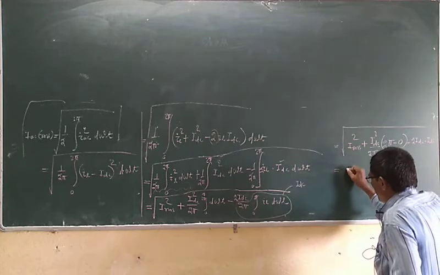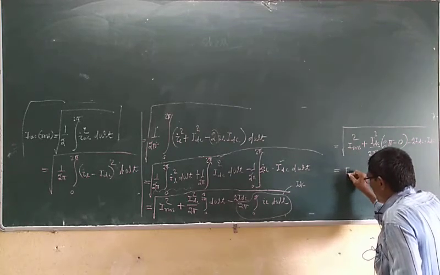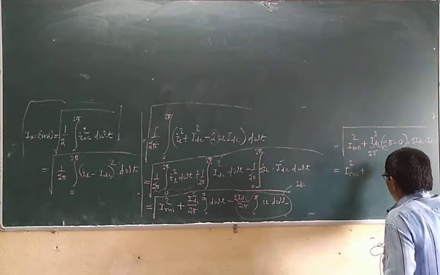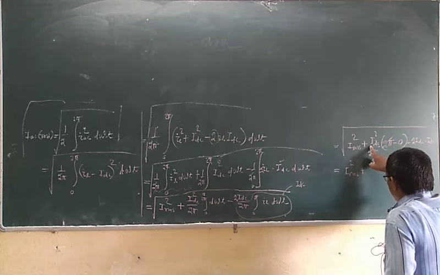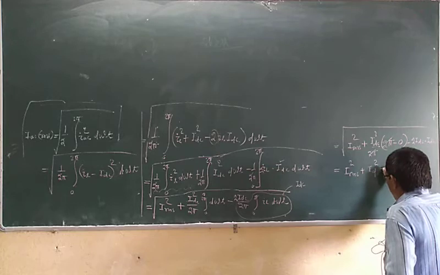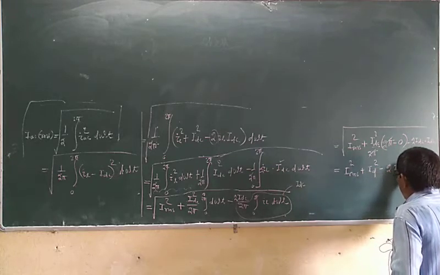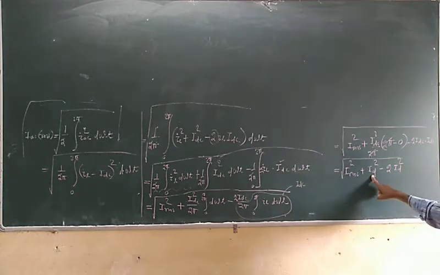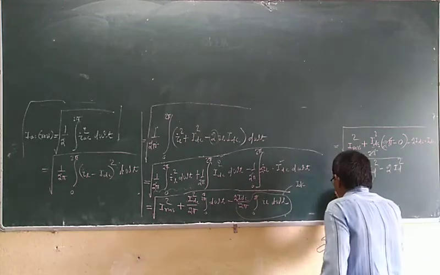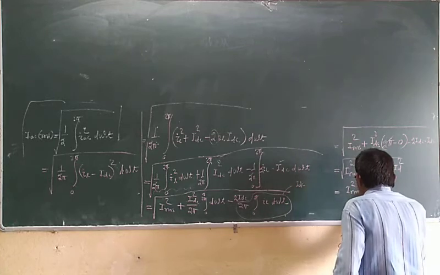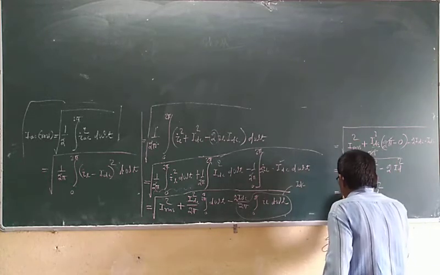Next, that is IRMS square plus, 2 pi cancels, IDC square minus 2 IDC square. Next, IDC square minus 2 IDC square is minus IDC square. So that is equal to IRMS square minus IDC square under root.